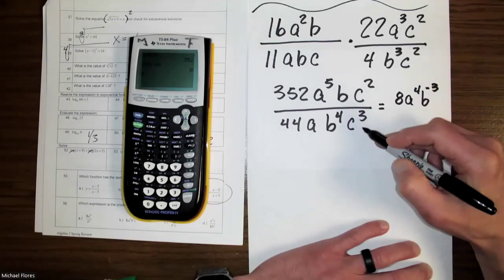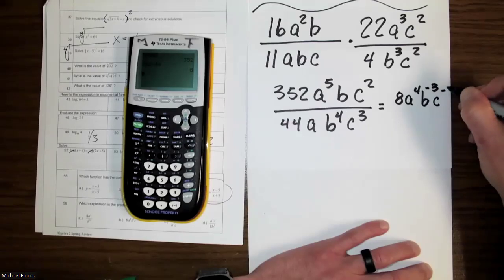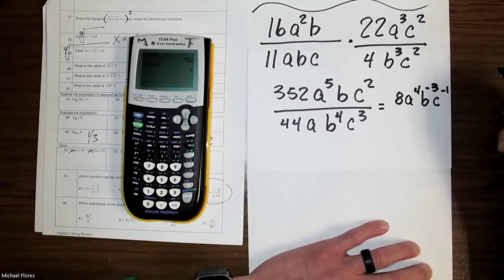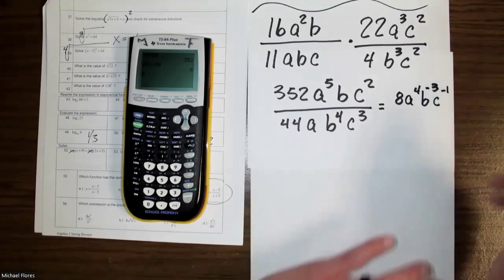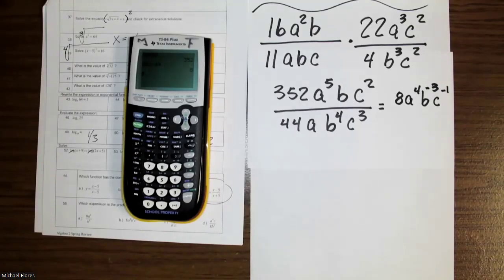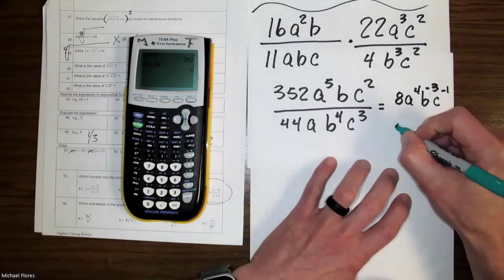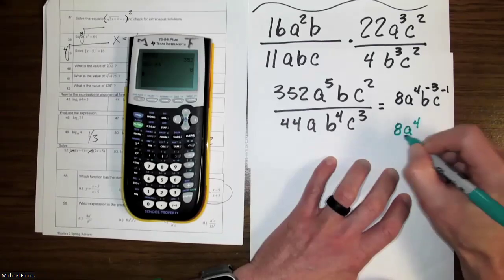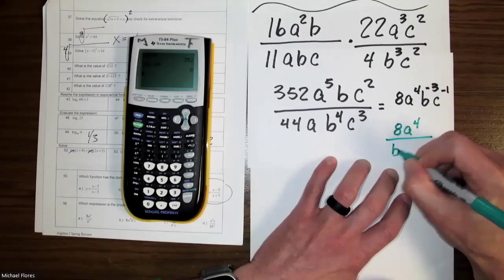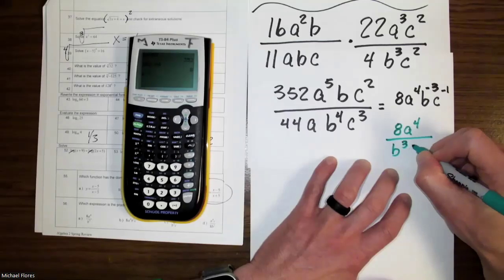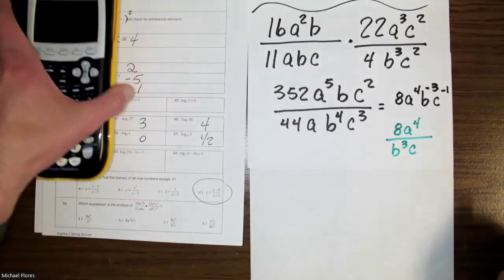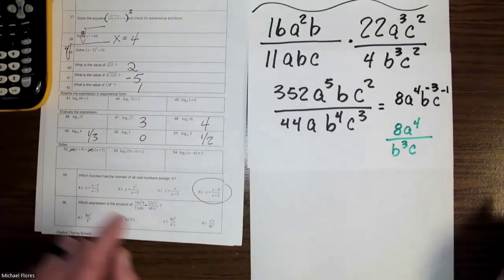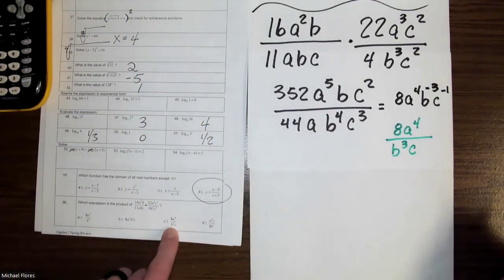C squared over c cubed, that's c to the negative first power. Now, anything that has a negative exponent, we now need to flip. So we're going to have a final answer of 8 a to the fourth over b cubed c to the first power. So it looks like example C is going to be your answer.